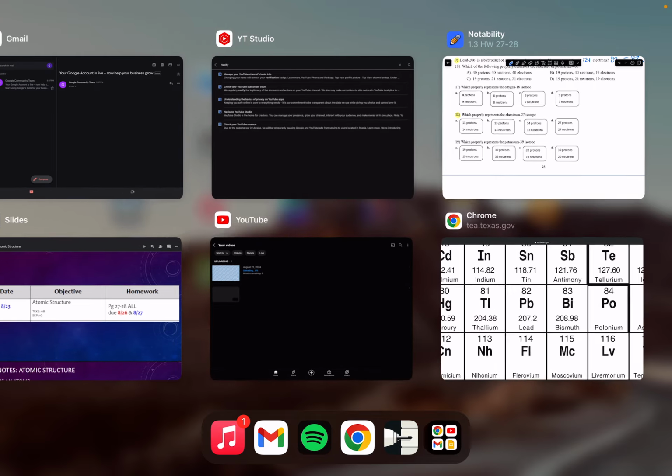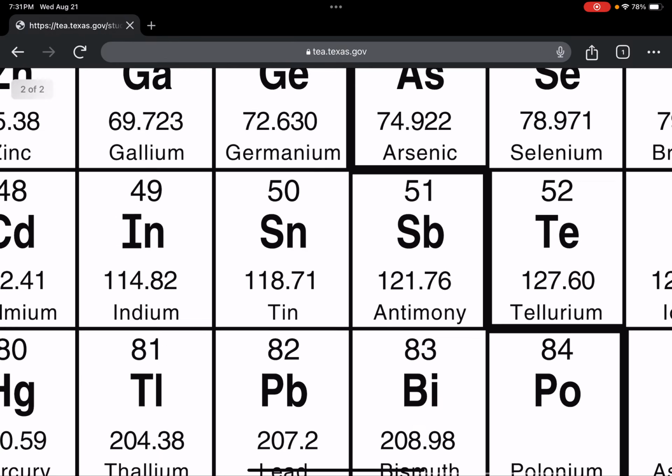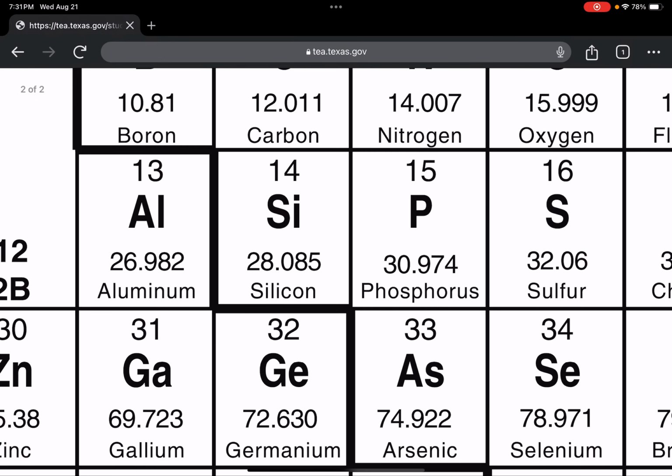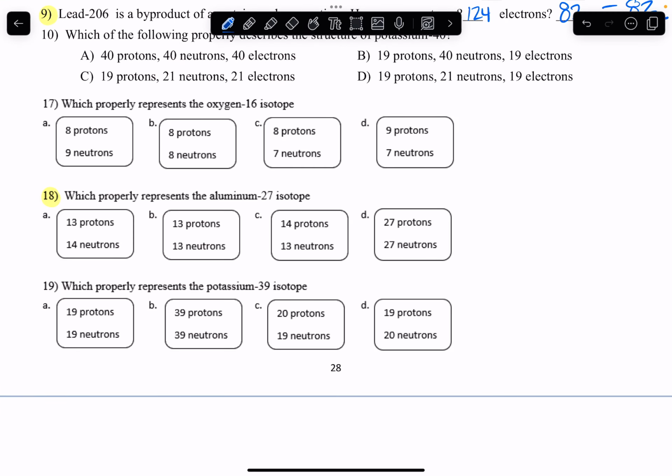Number 18, which properly represents the aluminum-27 isotope? Let's go look at aluminum real quick. Aluminum has an atomic number of 13, so I know I have 13 protons. A has 13 protons, B has 13 protons, C does not, so C is out, and neither does D, so D is out. Now I need to check, do I have 14 or 13 neutrons?